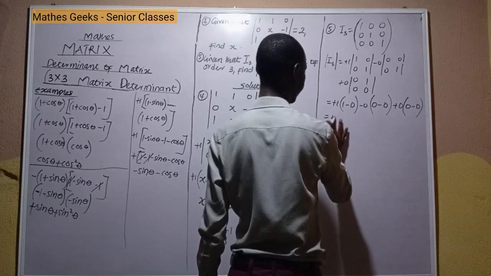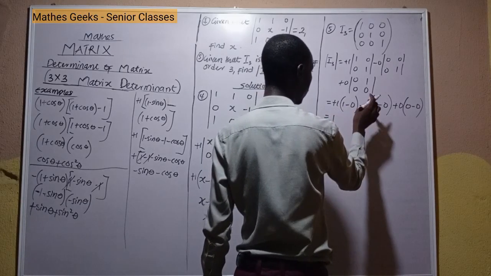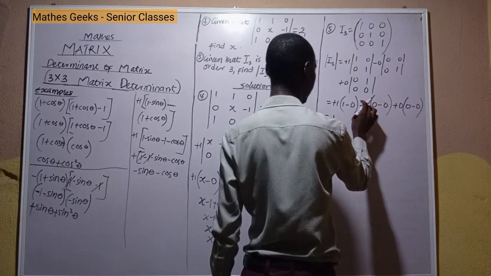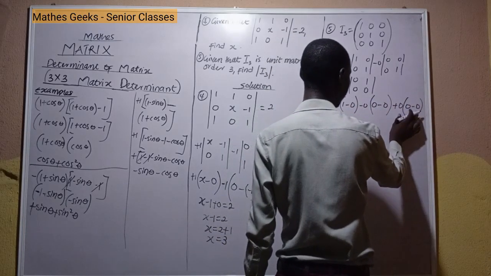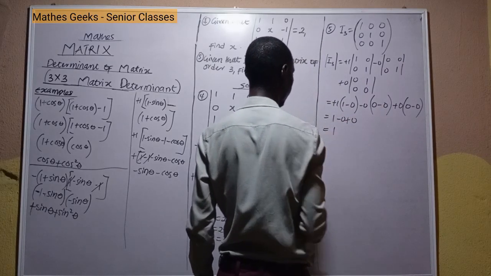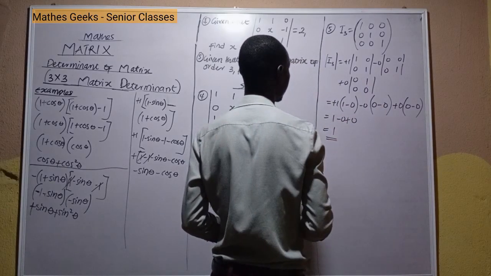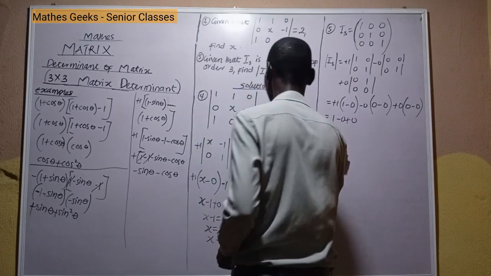Plus 1, 1 minus 0 is 1. The determinant of the unit matrix of order 3 is 1.